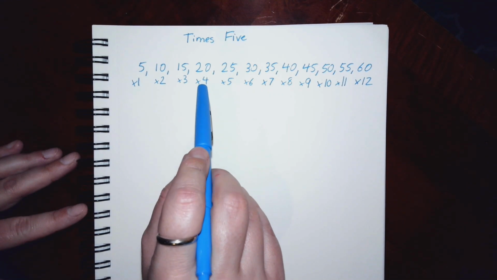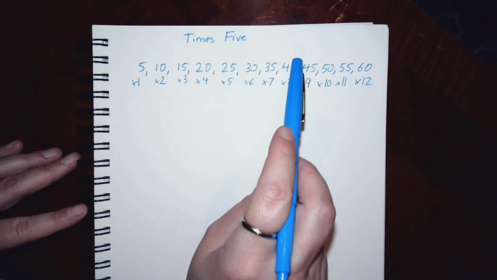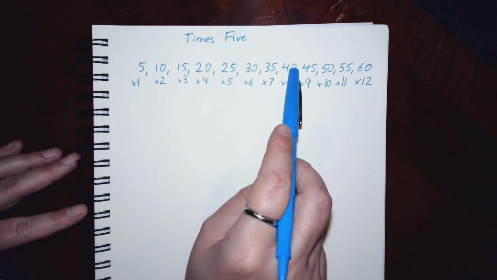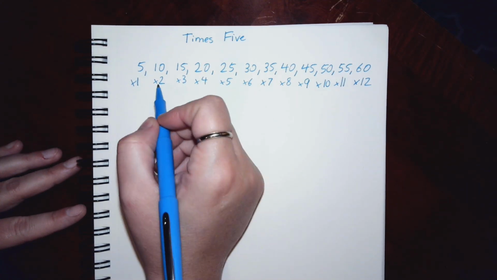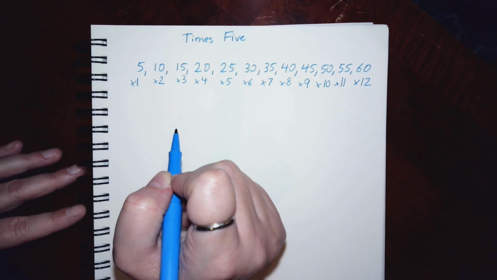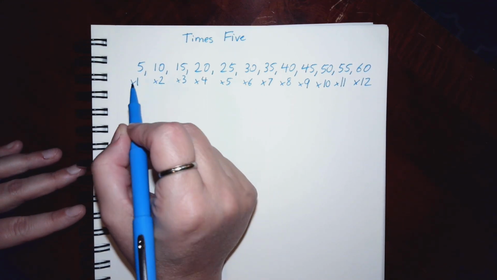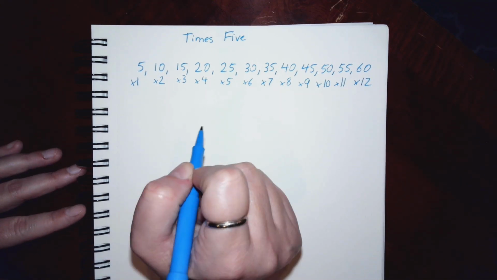Anything times an even number, your product will always be even. Well, in this case, with multiplying by 5s, your product, when multiplying by an even number, will end in 0. Anything that you're multiplying by an odd number is going to end in 5.